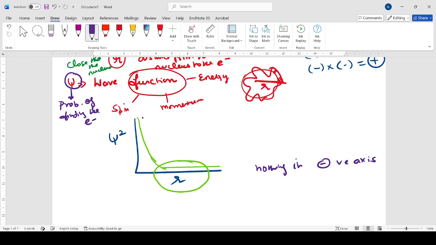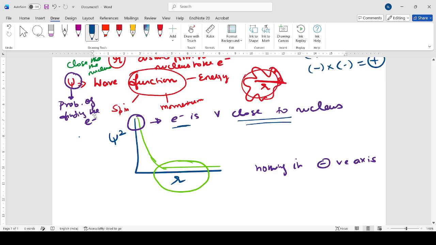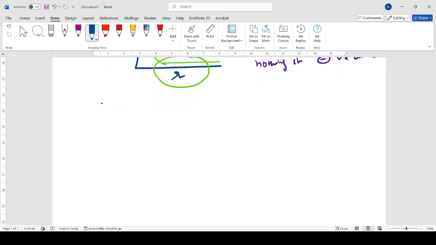But you can find the electron is still very close to the nucleus. So that is also wrong, isn't it? Yes, ma'am. The problem got solved with respect to the negative axis, but the problem still existed as the electron was very close to the nucleus. So that was also not correct. So they tried to move it further.